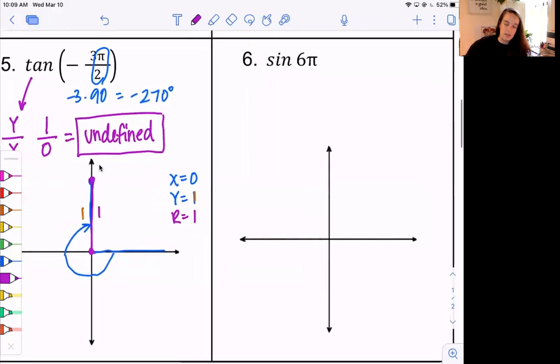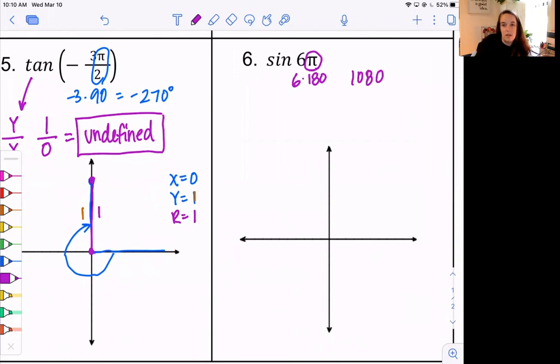We'll jump in here. We have sine 6 pi. If you want to try it on your own, you're welcome to, but we'll jump in. So sine 6 pi, remember pi is 180, and we're multiplying times 6. If I do 6 times 180 on my calculator, I get 1,080.